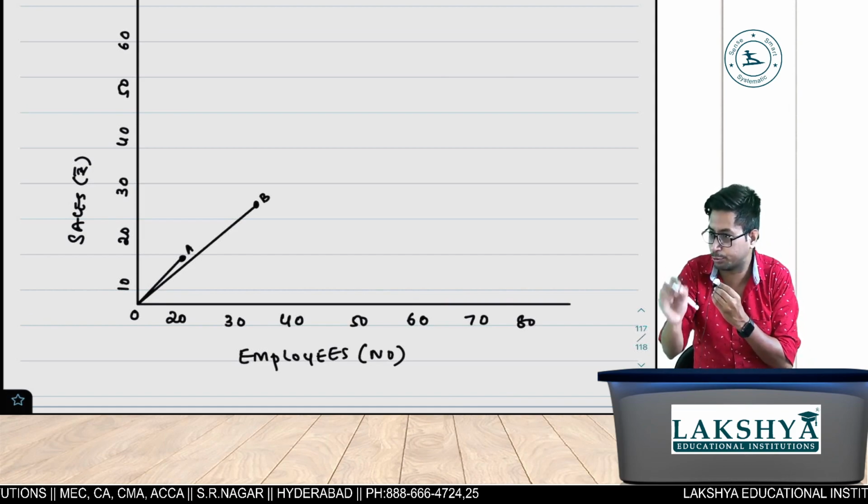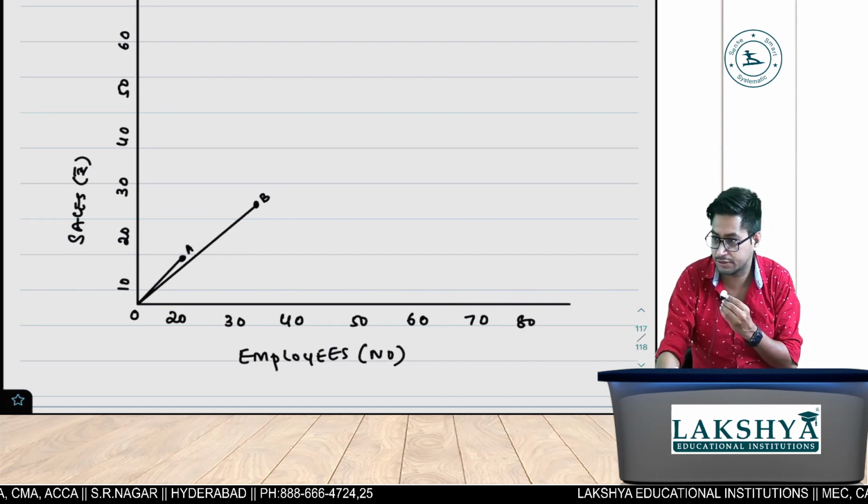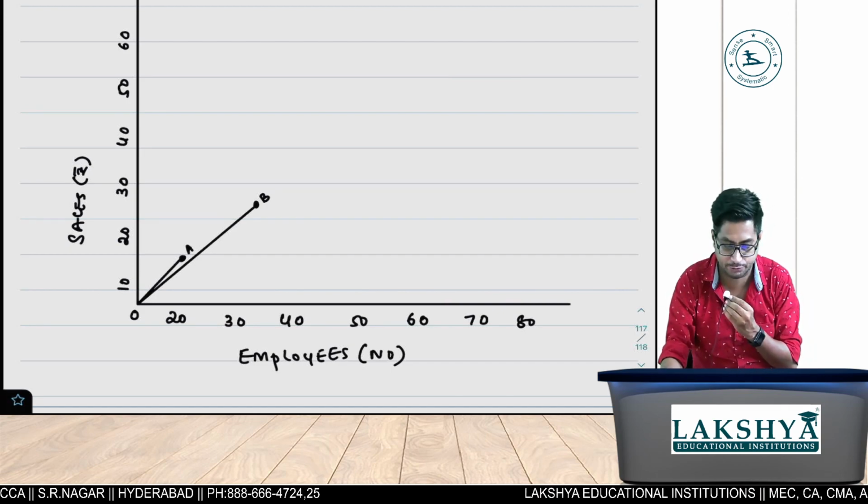Wherever I put a dot, from there to the origin you have to draw one line. Clear?